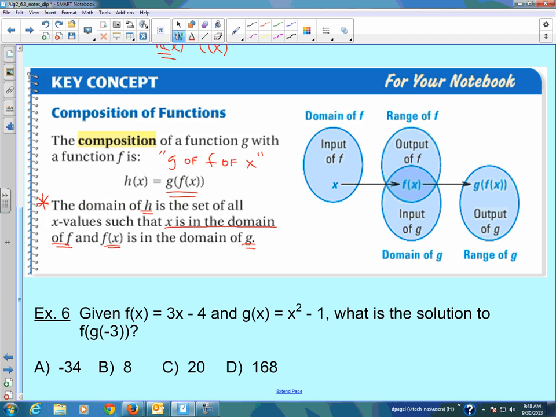So we want x to be in the domain of f, and then we want this f of x function's values to also be in the domain of g. And there's a little Venn diagram over here kind of representing that. But let's actually work through some problems and see what this means. Values of x have to satisfy both the original f function and the g domain as well.